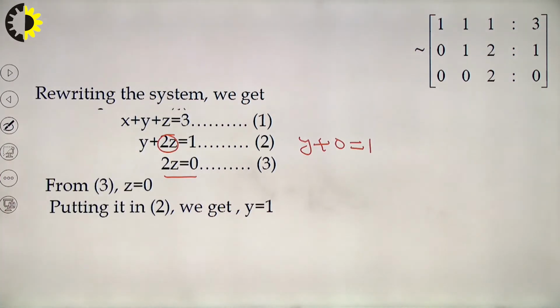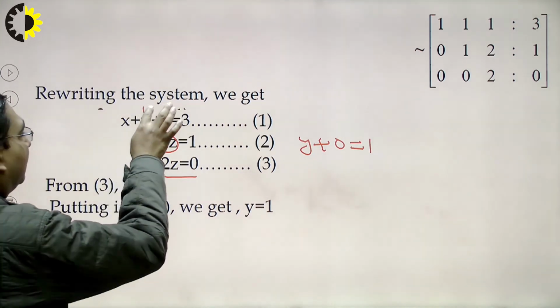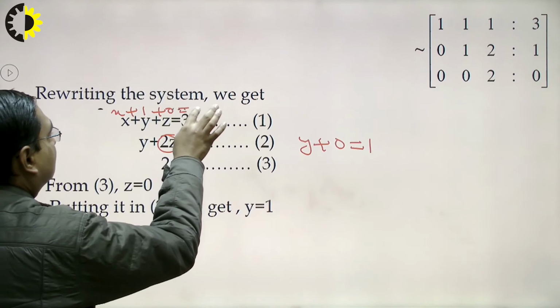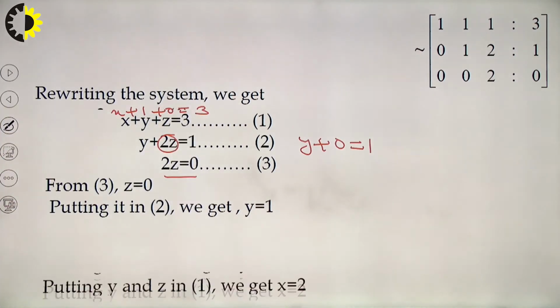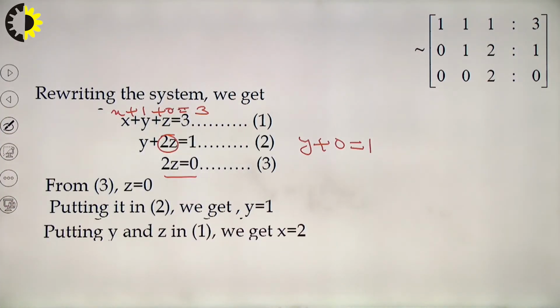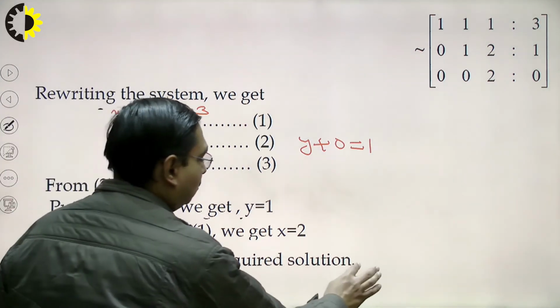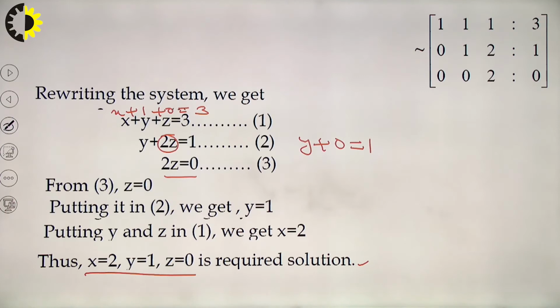Substituting y and z in first equation, I obtain 1 plus 0 plus x equals 3, and it gives x equal to 2. Thus, x equal to 2, y equal to 1, z equal to 0 is required solution.